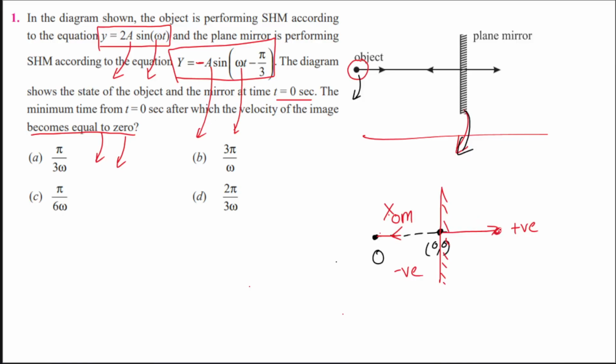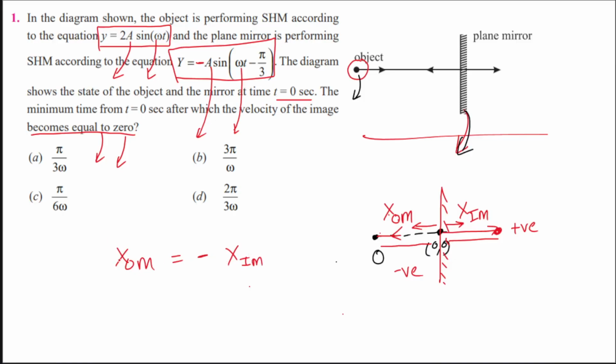Similarly, the image is forming here, and let's say this is the distance of image with respect to mirror. If vectorially you want to relate this fact, we know the two distances must be the same, and vectorially, one distance we are measuring in this direction, another in this direction, so XOM is equal to minus of XIM, right?